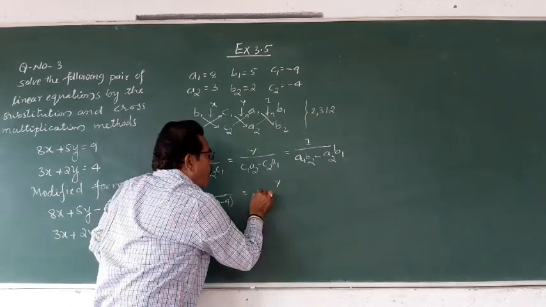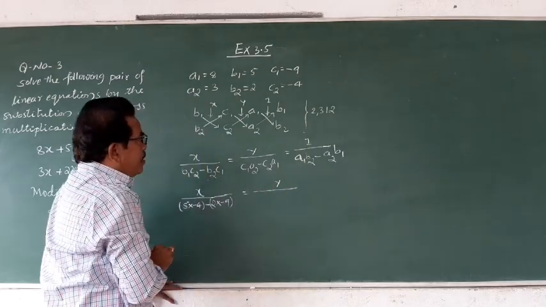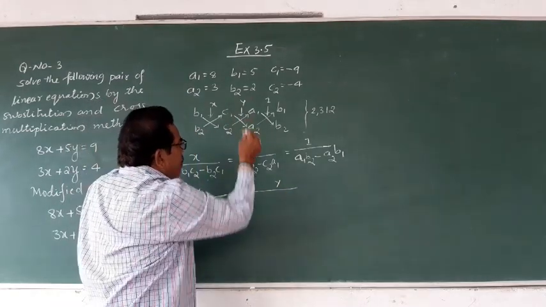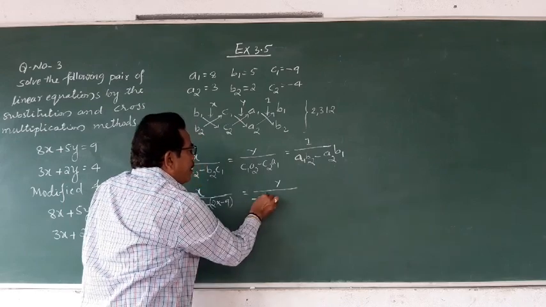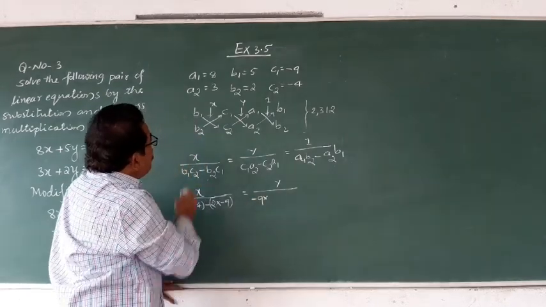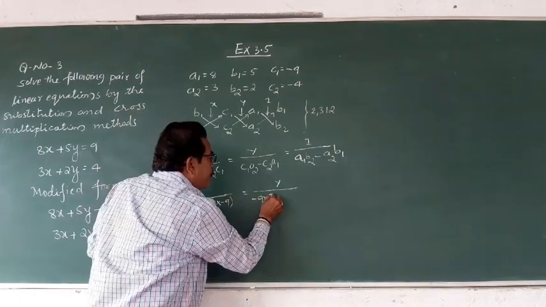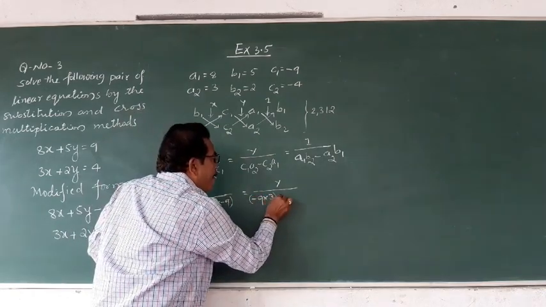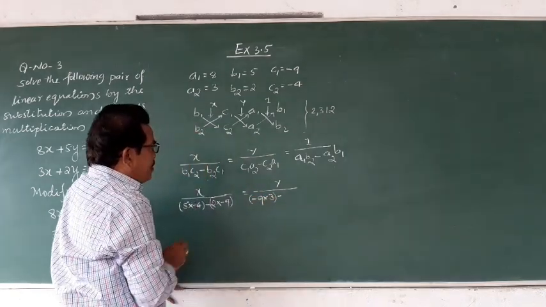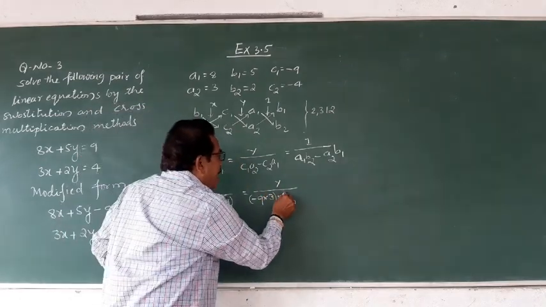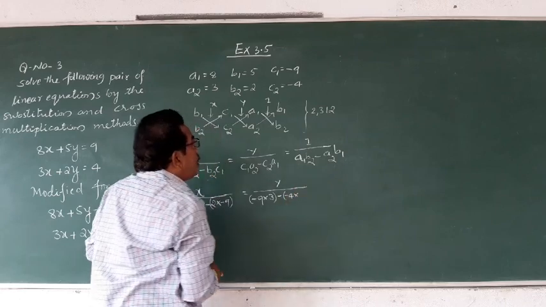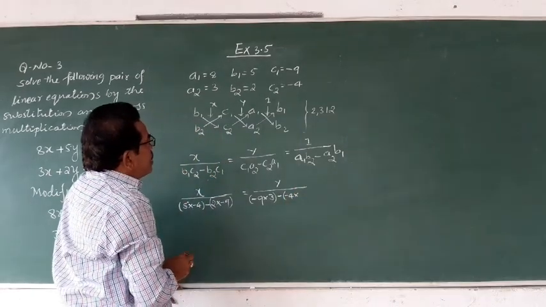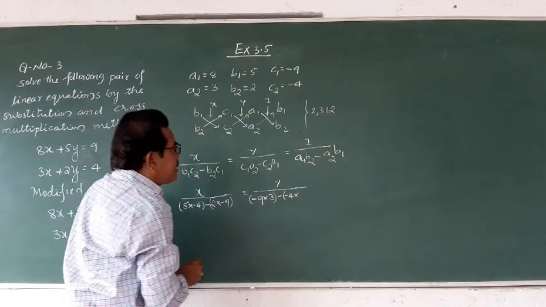Okay, now Y: C1 A2, C1 is minus 9, into A2, that is 3, minus C2 A1, minus 4 into A1, A1 is 8.